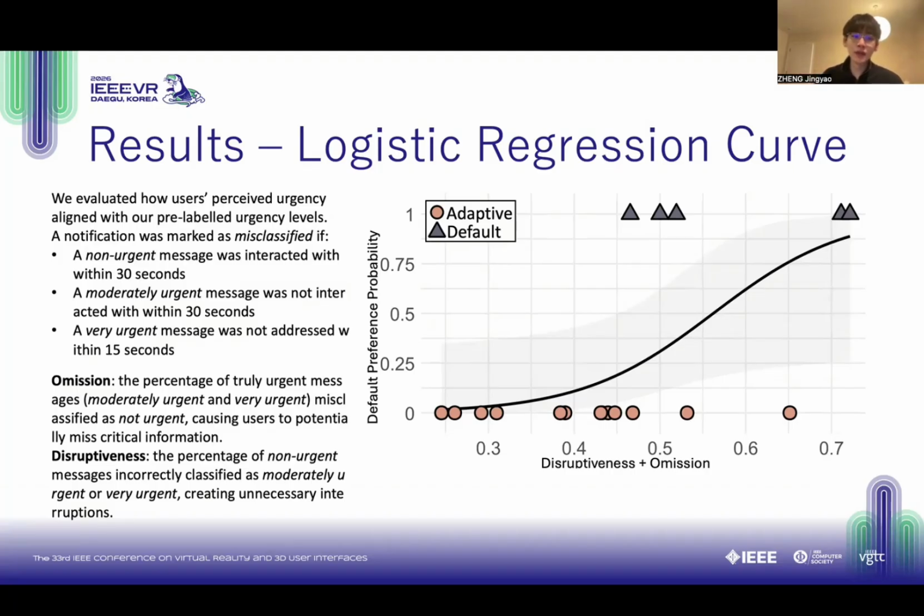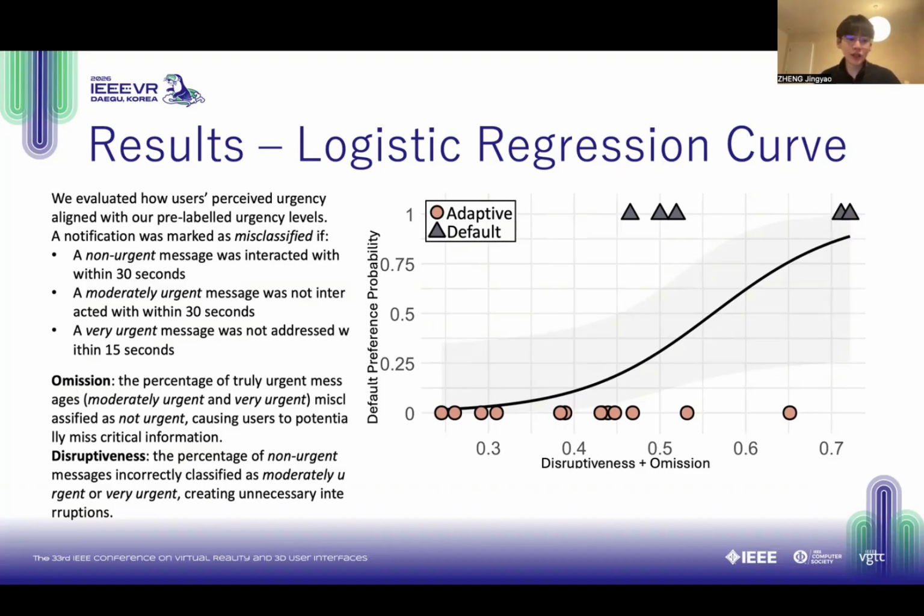Here we determine a notification was marked as misclassified if a non-urgent message was interacted with within 30 seconds, a moderately urgent message was not interacted with within 30 seconds, or a very urgent message was not interacted with within 15 seconds. So we give a 15-second buffer for notification interaction and also a 15-second buffer for subtask completion.